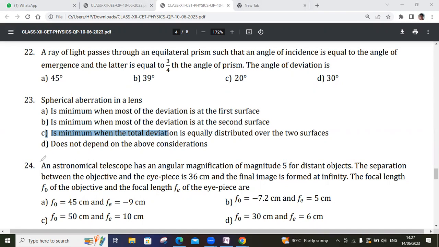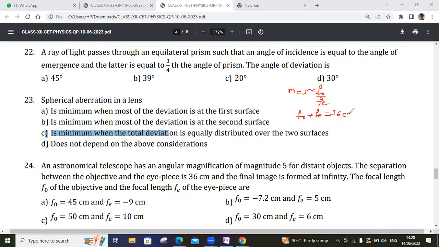Now we have the 24th question. An astronomical telescope has an angular magnification of magnitude 5 for distant objects. So magnification is how much? 5. The separation between the objective and eyepiece is 36 centimeter. So magnification is FO by FE, and separation is FO plus FE.